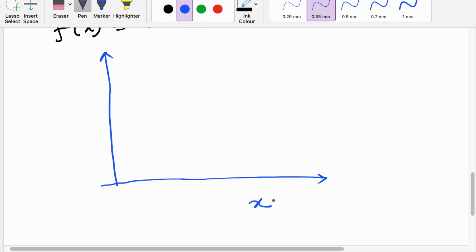This is the x axis. Suppose this is 1, and this is the same as 1. This is our identity line, which means nothing but y equal to x.